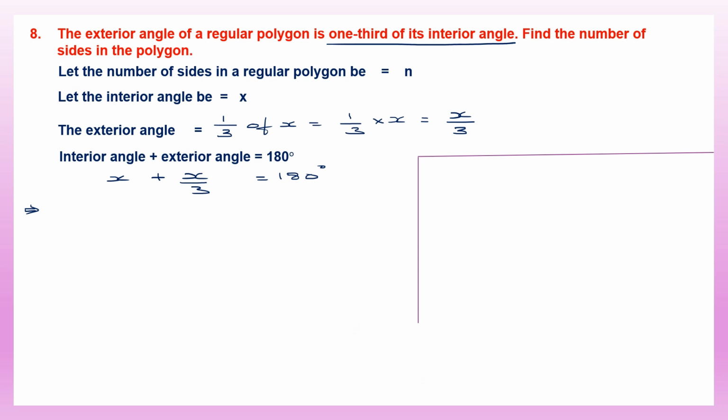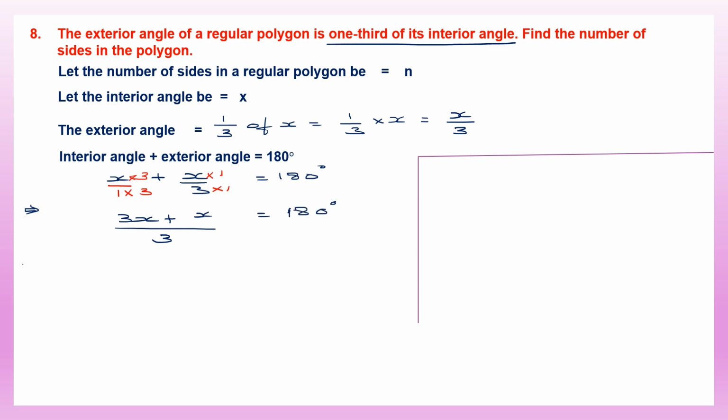So we're going to find the LCM, and the LCM of 1 and 3 is 3. Now 1 into 3 is 3, so multiply x also into 3. 3 into x is 3x, plus on this side 3 ones are 3, so you can write x ones are x. All this should be equal to 180 degrees.